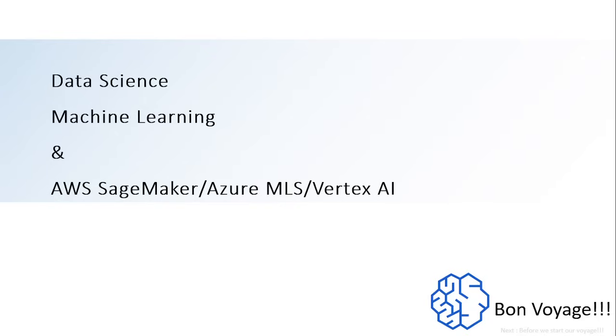And those foundational concepts you will find in machine learning, and the foundational concepts of machine learning you will find in data science. So anyone who wants to do generative AI using SageMaker, MLS, or Vertex AI, we all should make an attempt to know machine learning at the foundation level and then data science.